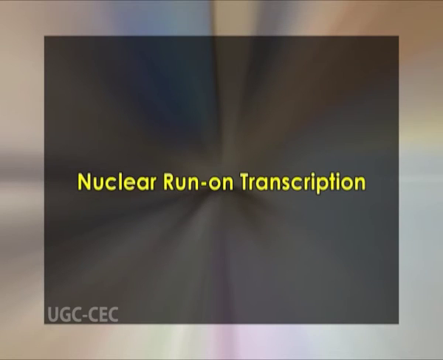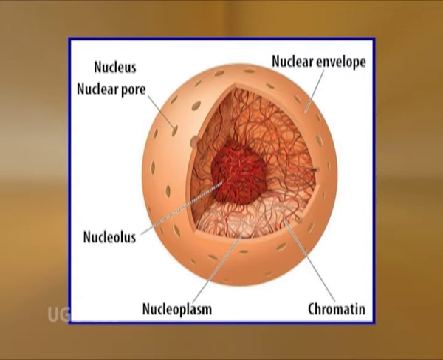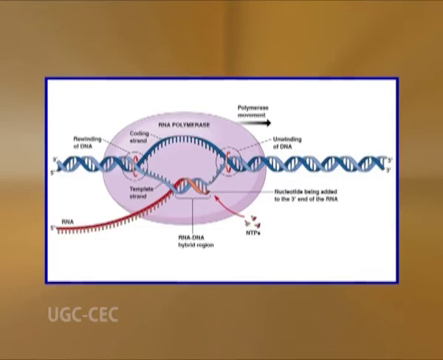Nuclear run-on transcription: the idea of this assay is to isolate nuclei from cells, then allow them to extend in vitro the transcripts they had already started in vivo. This continuing transcription in isolated nuclei is called run-on transcription because the RNA polymerase that has already initiated transcription in vivo simply runs on, or continues to elongate, the same RNA chains.